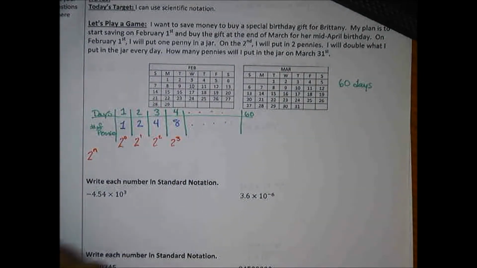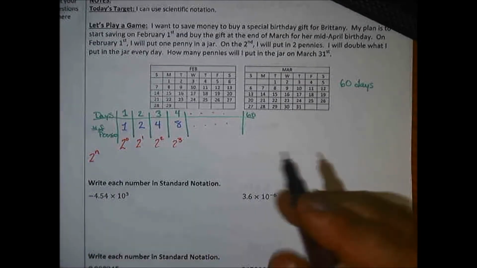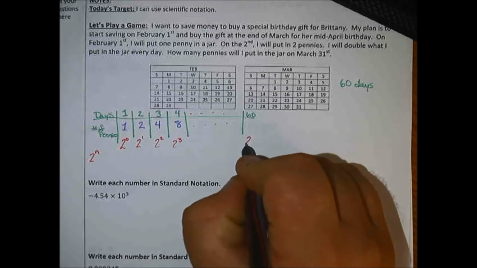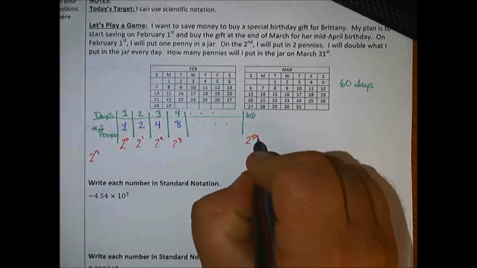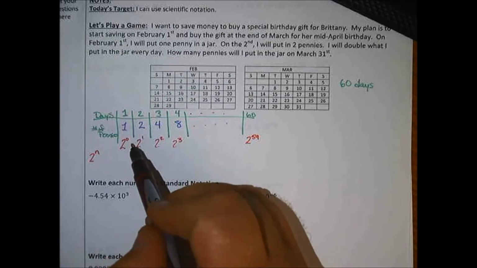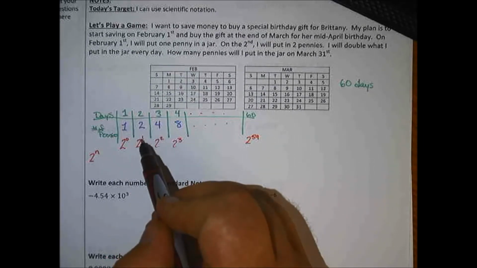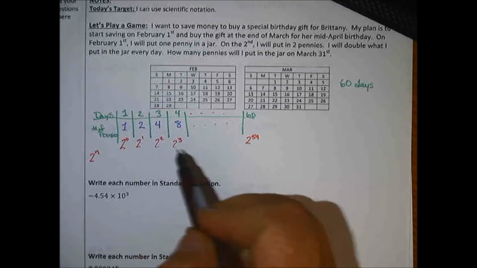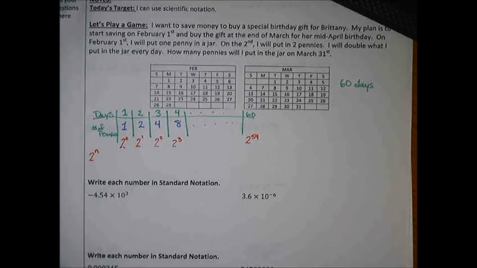I don't want to go over all of those. Maybe you did, but we have a quicker way to do this, and it ends up being 2 to the 59th power, because the 0 power was day 1. Okay, notice that the day and the power, they're off by 1. And so that's pretty important. But 2 to the 59th power, wow, that's going to be a big number.